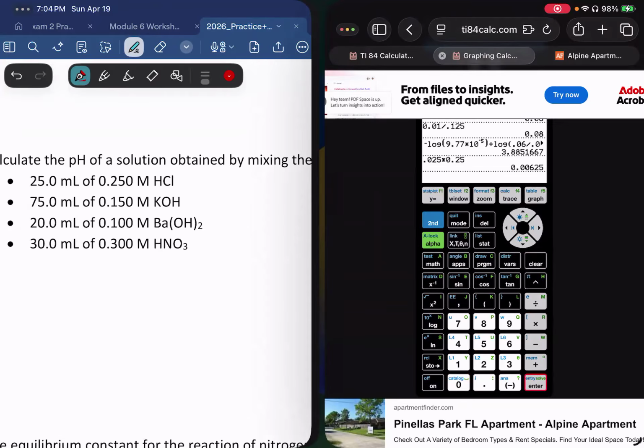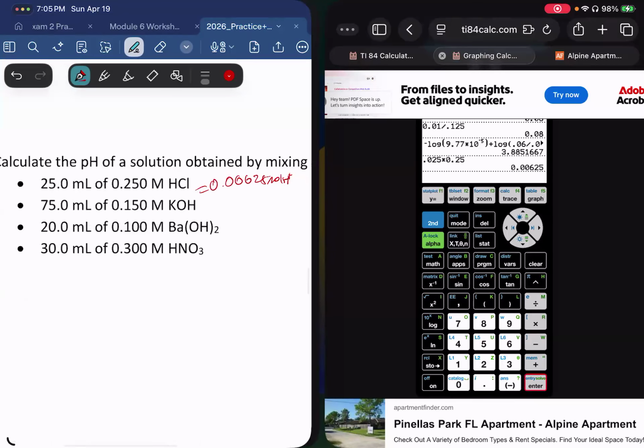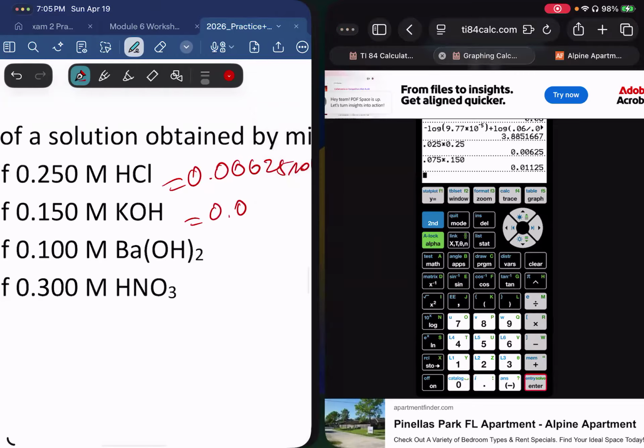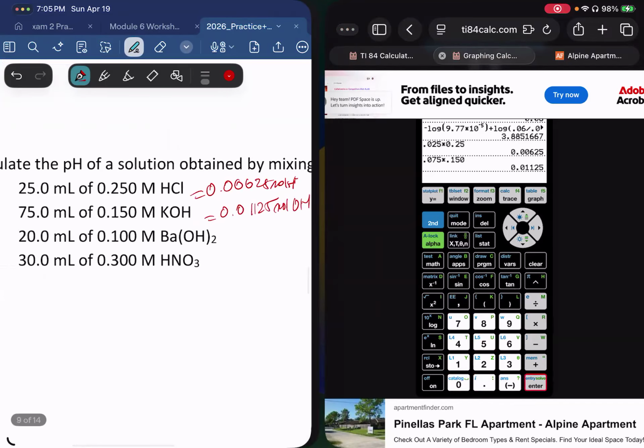That would give you 0.00625 mole of H plus. With KOH, it's 0.075 times 0.15, so that's 0.01125 mole of OH minus. Okay, is that correct? Let's see if I'm doing this math right.